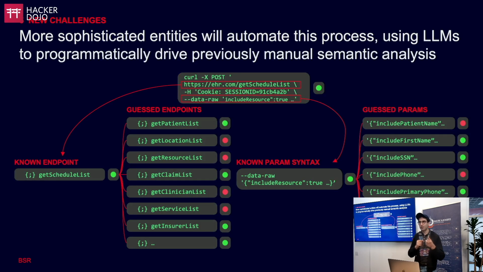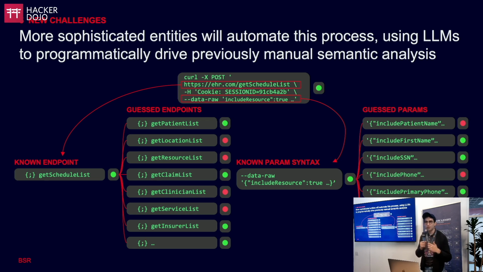That type of semantic analysis, manually reading these logs, is very taxing for a human, and very difficult to also programmatically run. It's also very difficult to figure out how to programmatically edit the variables, the parameters within the call payload to return sensitive data or execute one of these vulnerabilities.